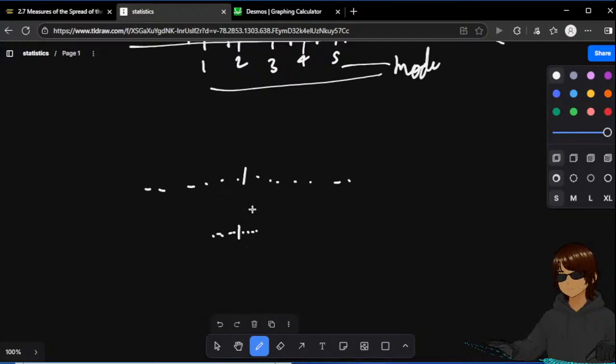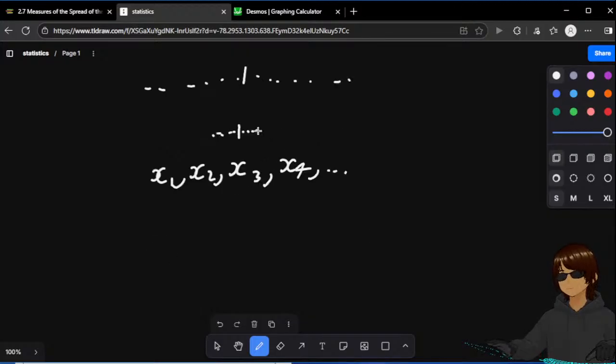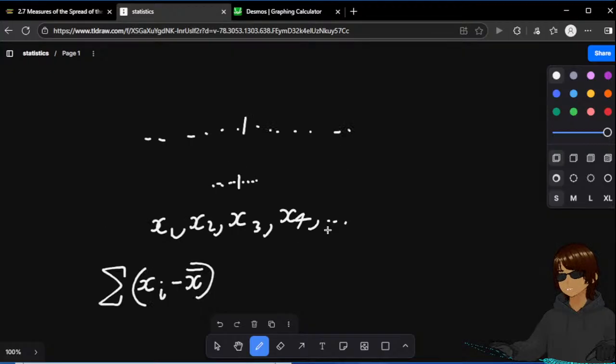So if the data values are x1, x2, x3, x4, and so on, we can check how far they are from the mean. Some xi minus the mean.